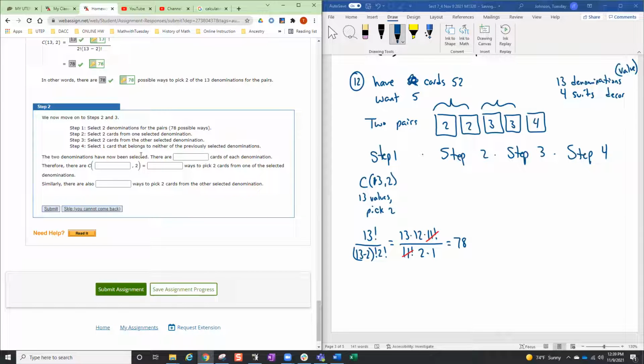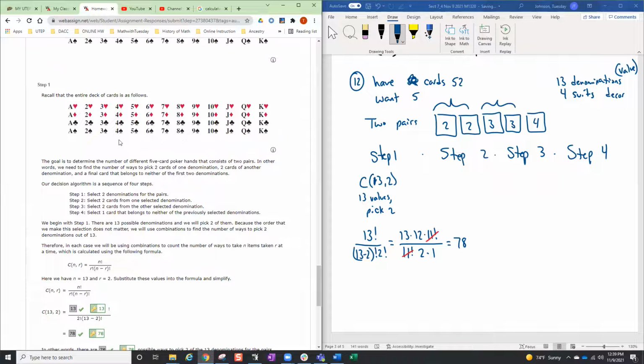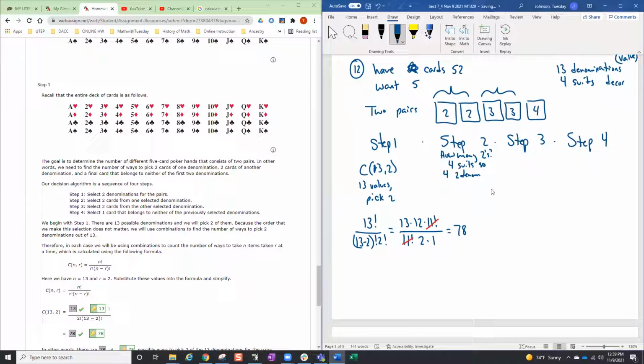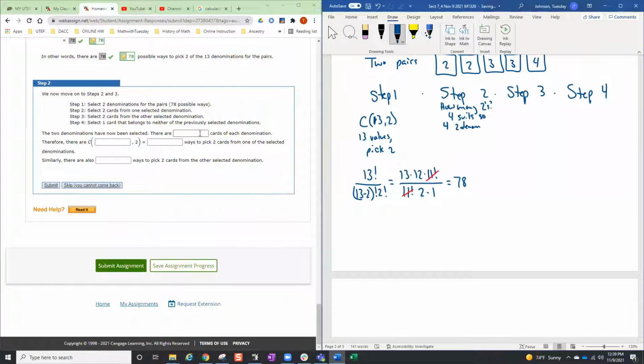The 2 denominations have been selected. How many different cards of each denomination? So how many 2s are there? For step 2, I'm looking at how many 2s. There are 4 suits, so there's 4 of each value, right? 4 2s. 4 cards of each denomination.